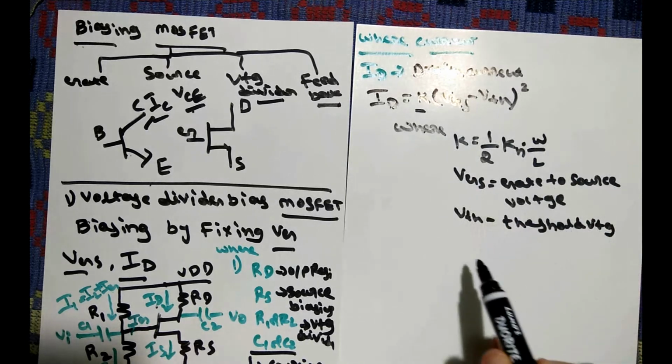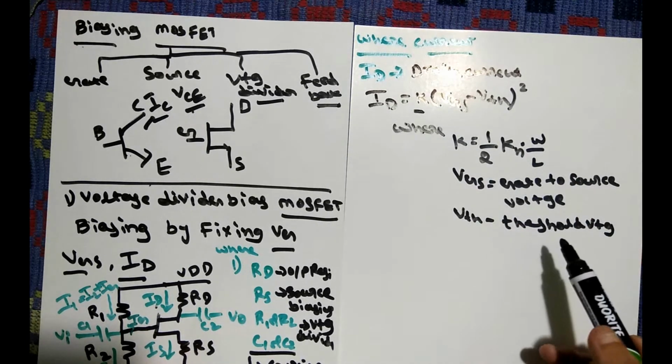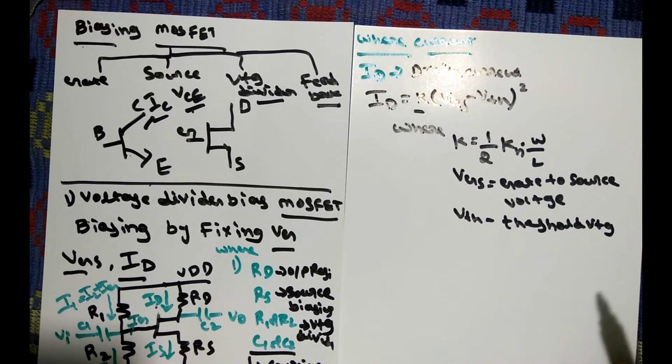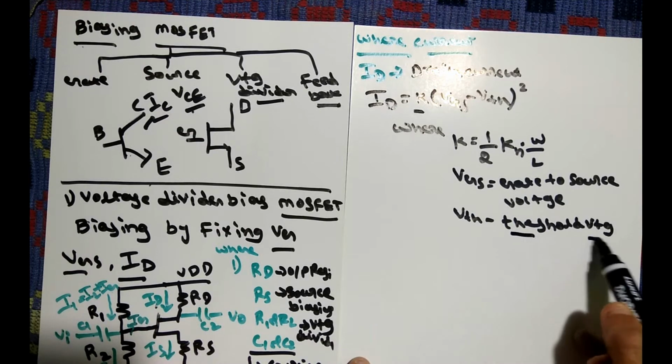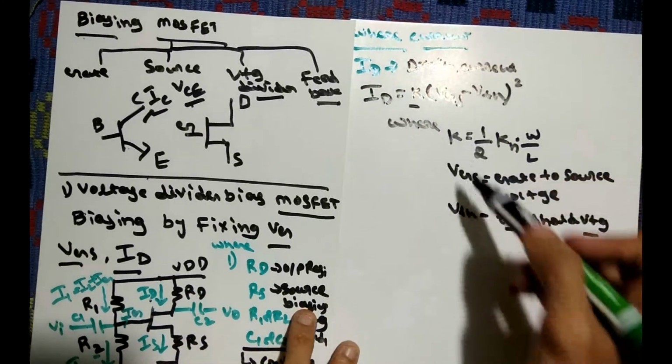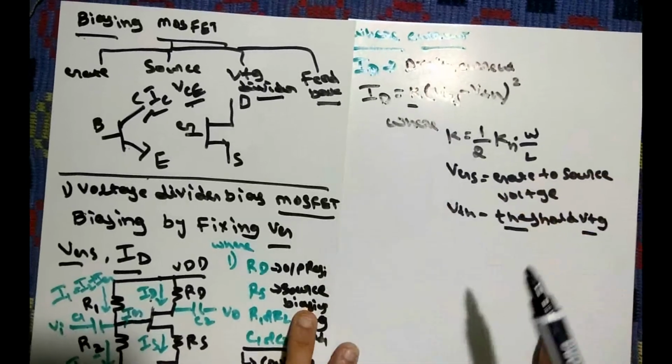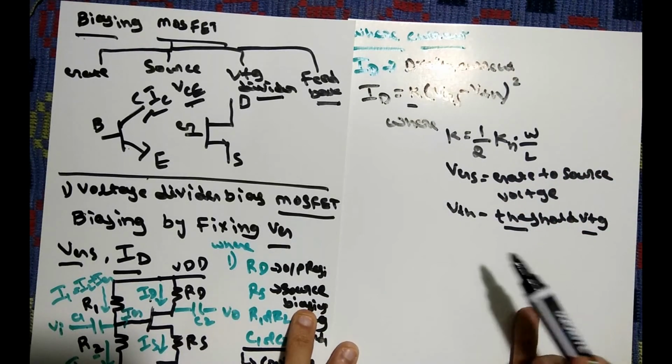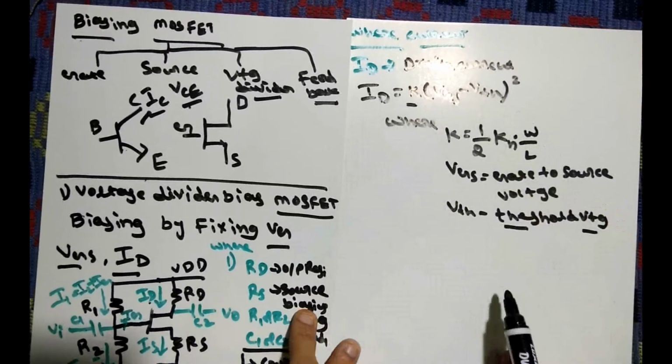So simply, the threshold voltage is the voltage that turns the MOSFET on. That is called VTH. These are the three parts that affect ID, the main drain current here.